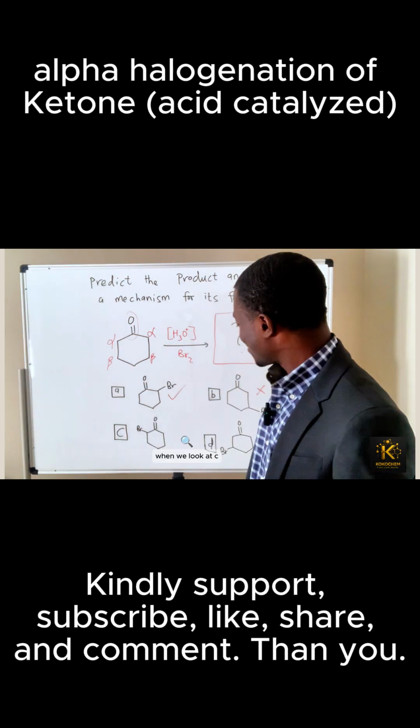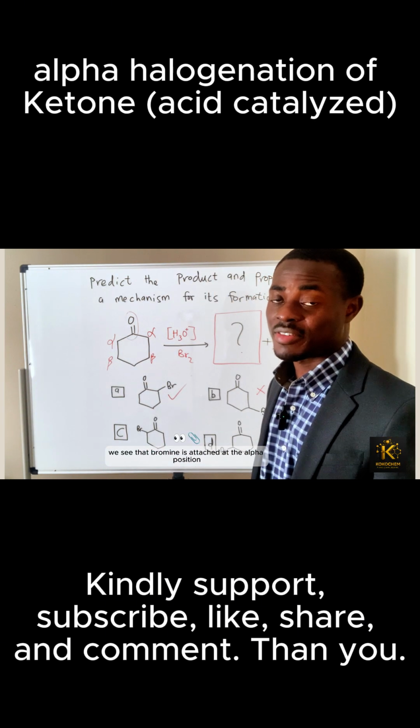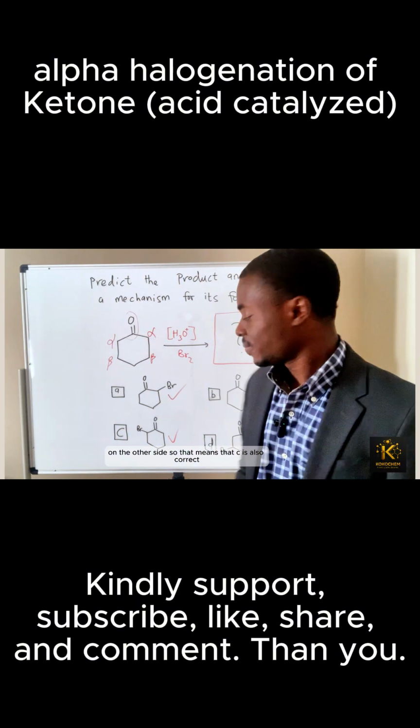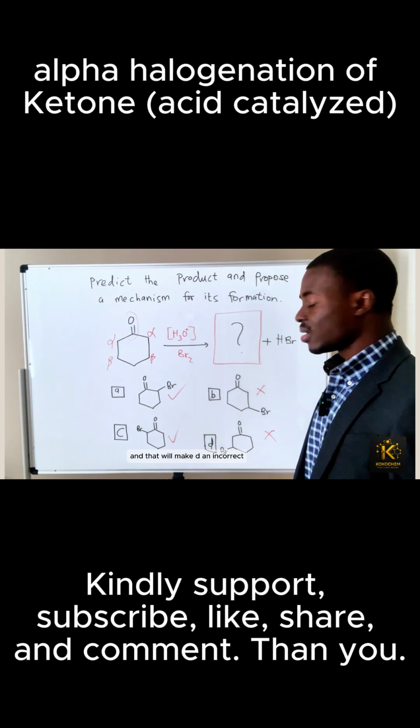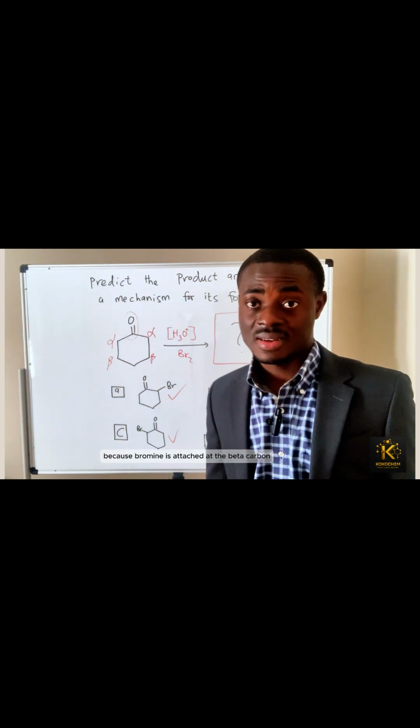How about C? When we look at C, we see that bromine is attached at the alpha position on the other side. So that means that C is also correct. And that will make D incorrect, because bromine is attached at the beta carbon.